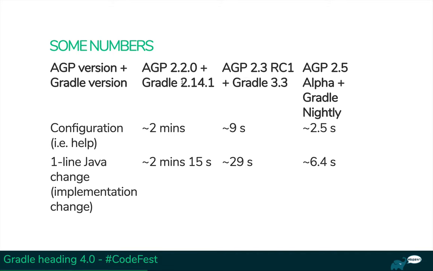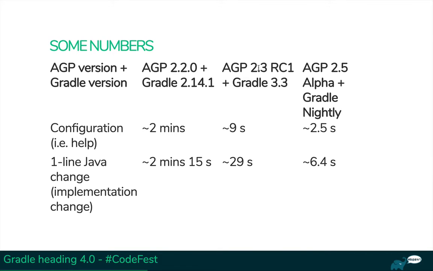When we started with the last 2.x release, 2.4.1, and the Android Gradle plugin 2.2, you can see that the configuration time, e.g., if you invoke help, took about 2 minutes for the sample build we used here. I linked that sample build so you can prove those numbers yourself if you like. And if you had one Java change, it took you 1 minute and 15 seconds.